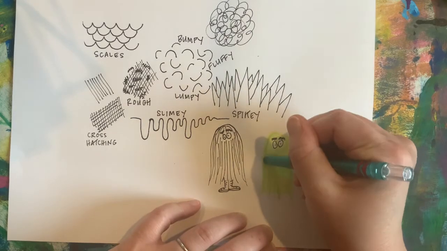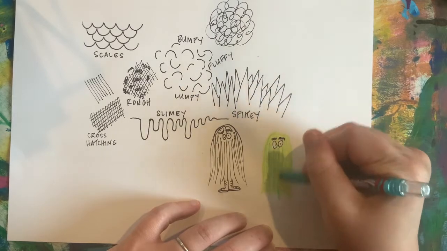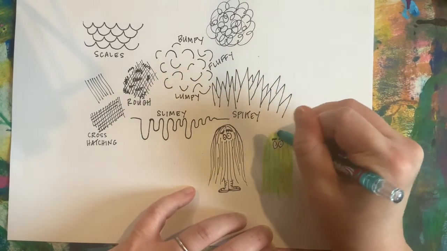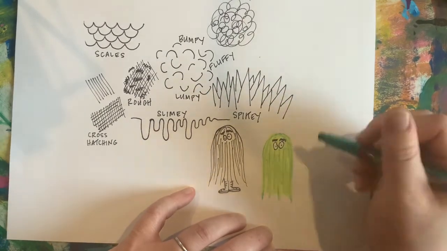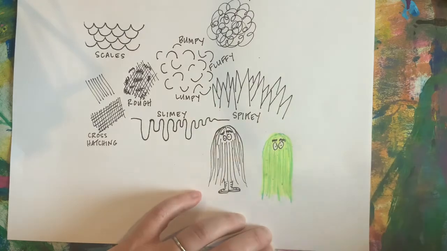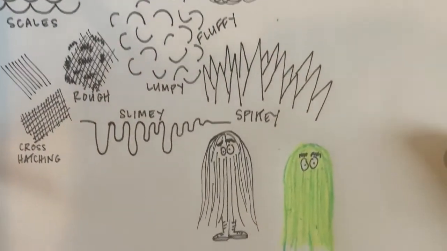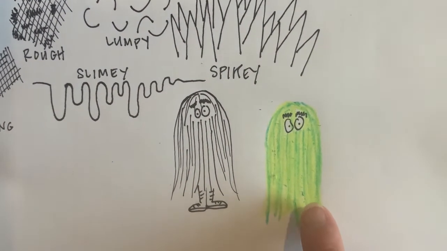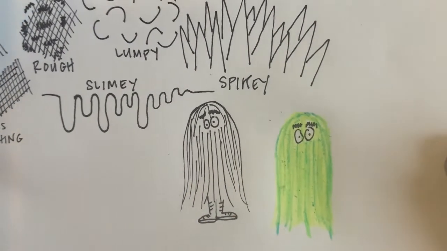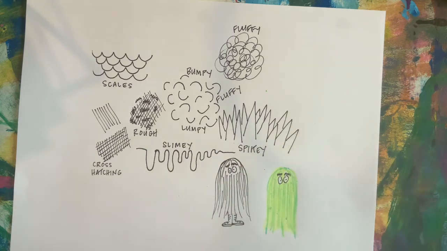So I'm going to use this darker green on top. And there we go. So that's two different ways that you can create texture. I use just my marker for this one, and then I use 3 different greens to help create texture for my really hairy monster.